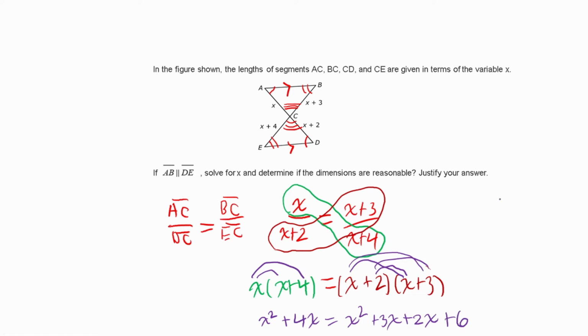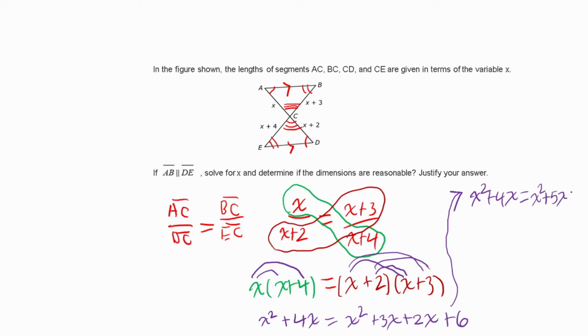Now I'm going to rewrite this up here, but we're going to simplify it, right? My left side stays exactly the same: x squared plus 4x equals my right side. My right side is going to become x squared, and we could combine our two middle terms. 3x and 2x will give me plus 5x.